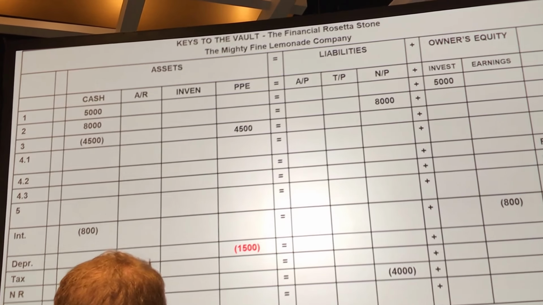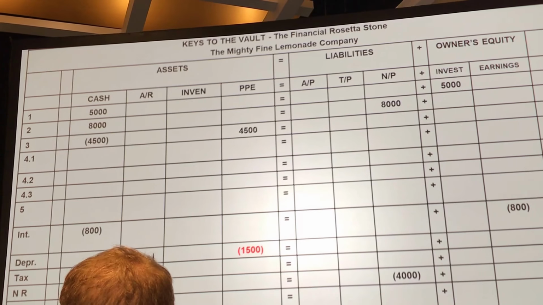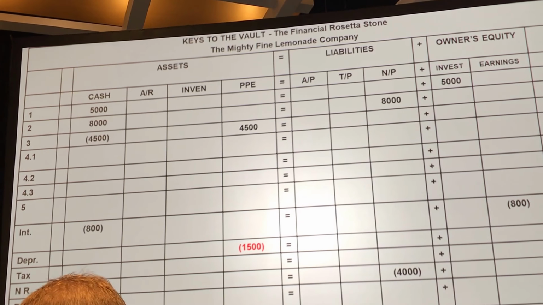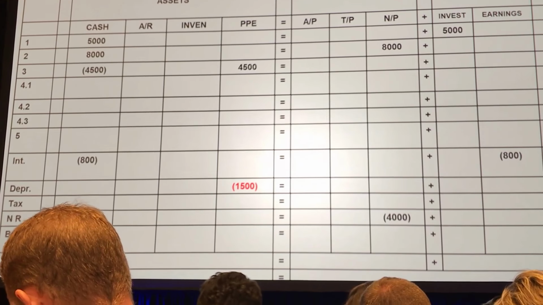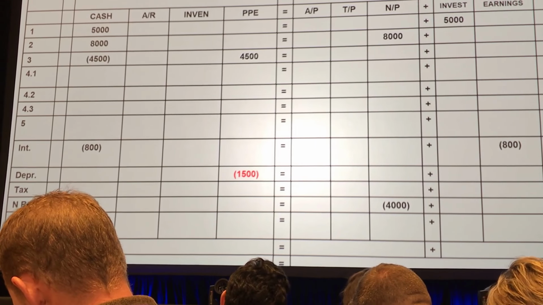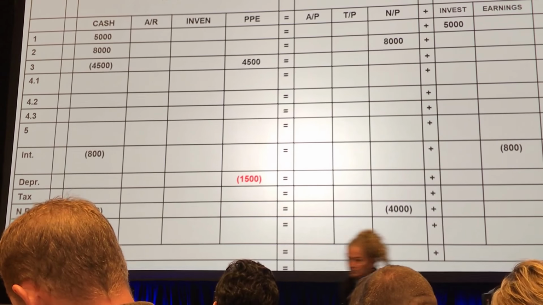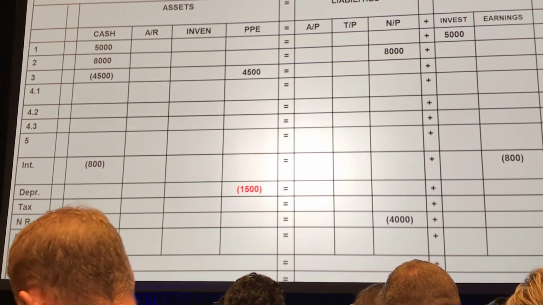That's an expense, and expenses reduce earnings. Find the earnings column, and on the depreciation line, reduce earnings by $1,500. An expense reduces earnings every single time.